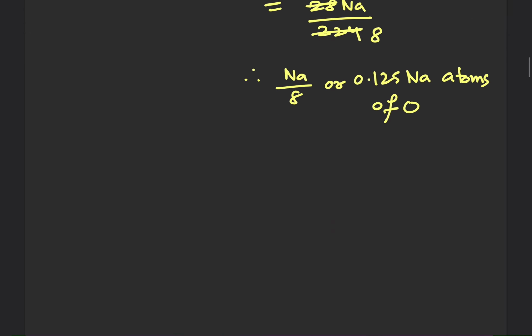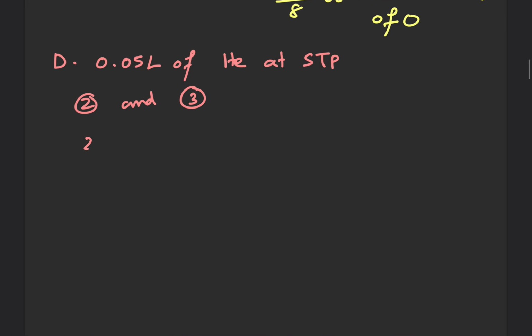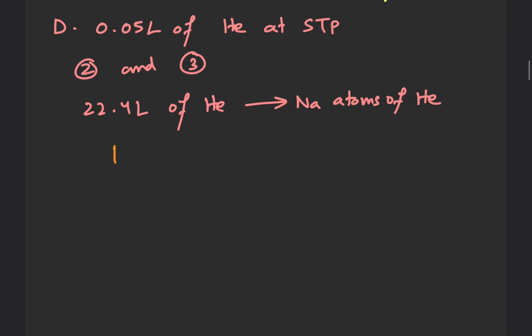Next is D. In D, we have to calculate the number of atoms in 0.05 liters of helium at STP. Again using definitions 2 and 3, 22.4 liters of helium will contain Na atoms of helium, obviously because it is a noble gas and exists as atoms.